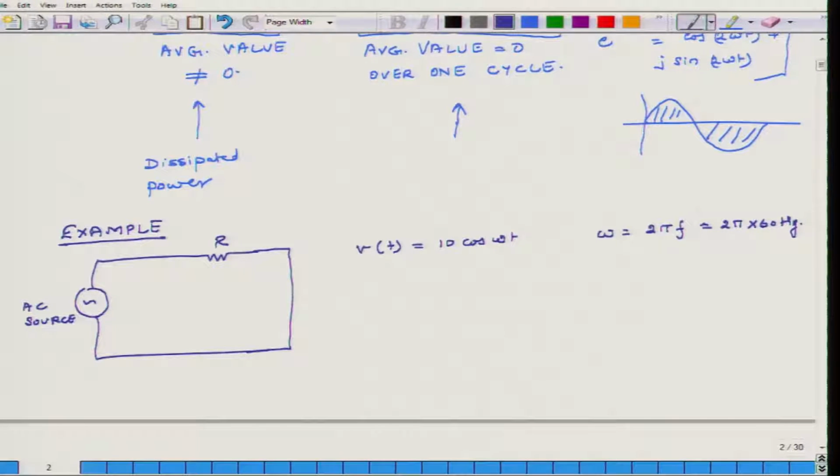So, frequency is 60 hertz. Also R equals 100 ohms.